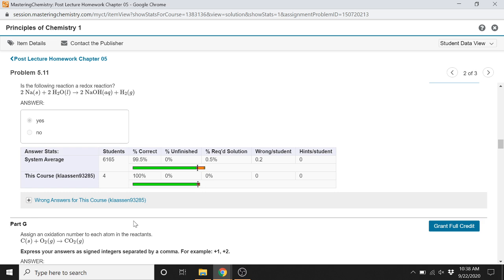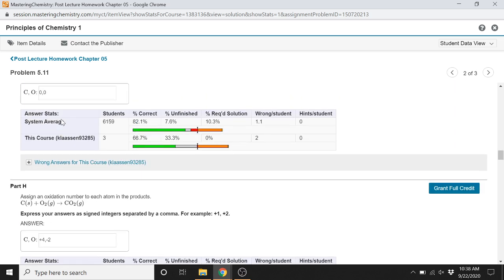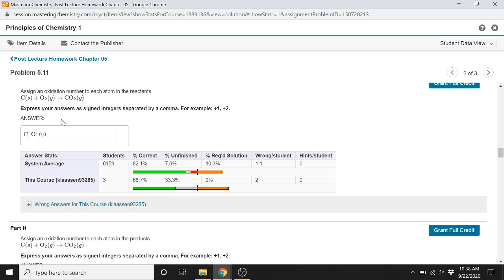Mine says Al2, aluminum 2, oxygen 3. For part G? Or it's part H. What was it again?